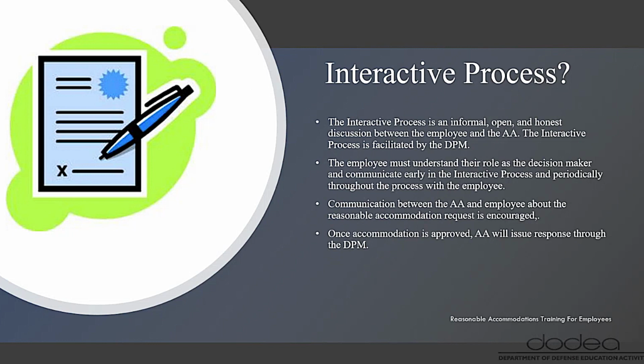What your supervisor or the approval authority may ask you about is specifically how your disability limits your ability to perform the essential functions of your job. That's what the interactive process is about from their perspective. But getting back to you, what we're going to need from you is your ideas in terms of what appropriate accommodations for your disability might be, and how you think that's going to work in practice, right? How is it going to work in the real world? How is it going to work in the school?